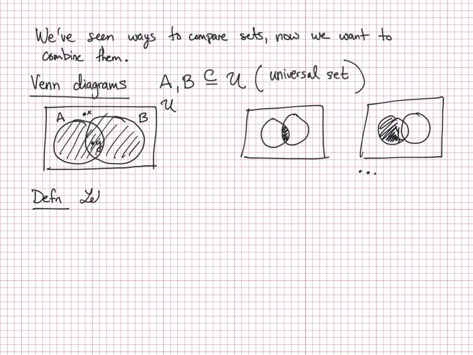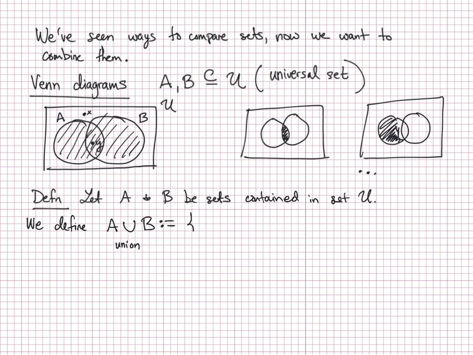So let A and B be sets which are both contained in a universal set U. Then we're going to define what's called A union B to be the x in U. This is why it's useful to have this set around, so I can say where the elements live.